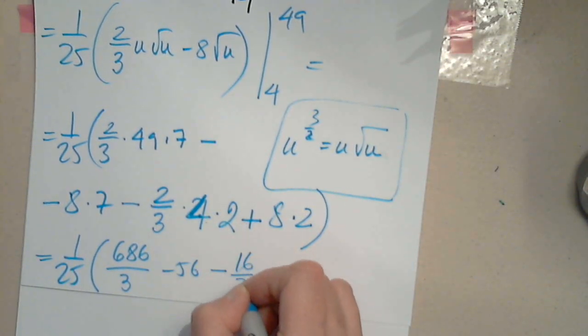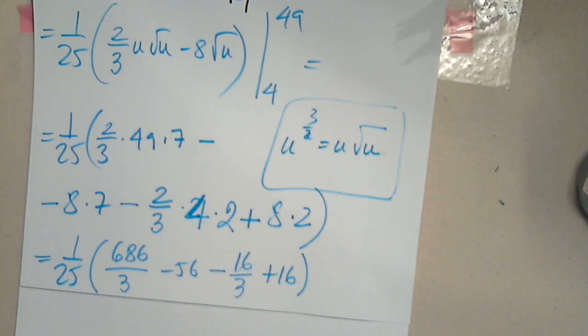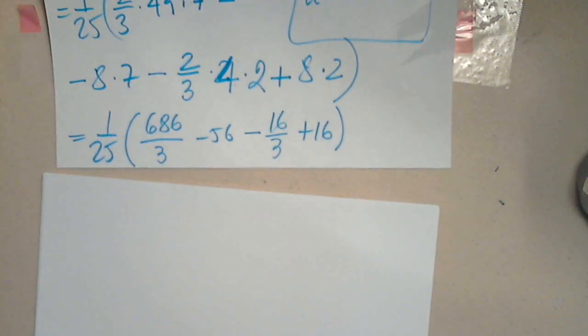So 16 divided by 3 and plus 16. So 686 minus 16, and if I divide this by 3, can I get something? No, of course not. So 670 divided by 3.